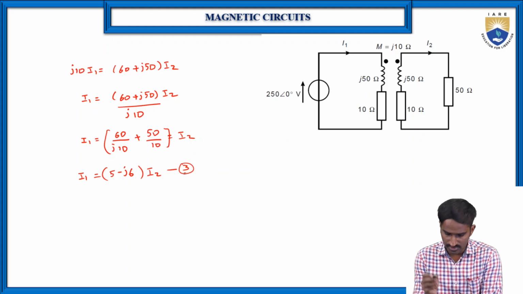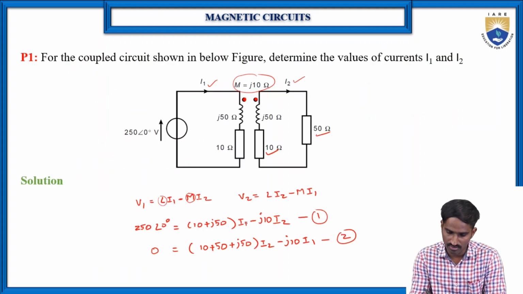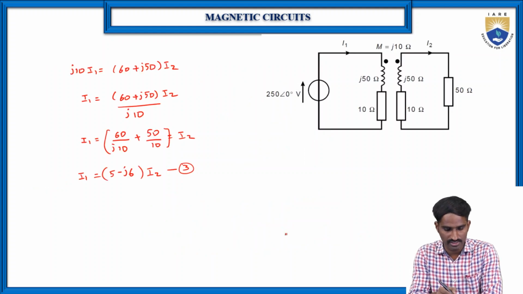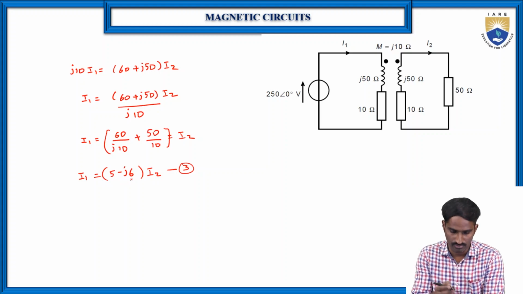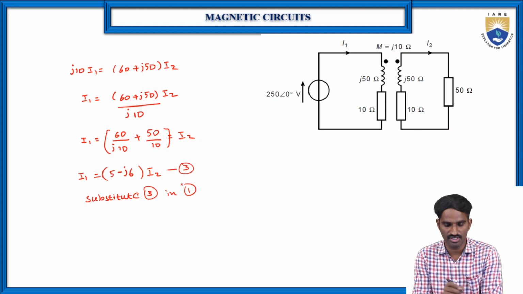Let us consider this is equation number 3. Now if you substitute this I1 value in equation number 1, then you can find the value of I2. Wherever I1 is there, substitute the value we have calculated just now, which is (5 - J6) into I2. So substitute equation 3 in 1.